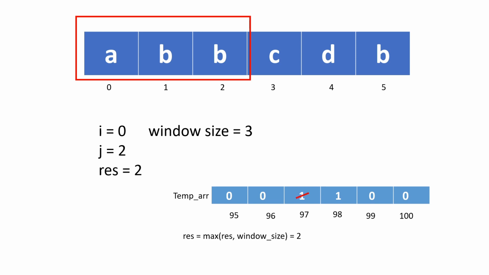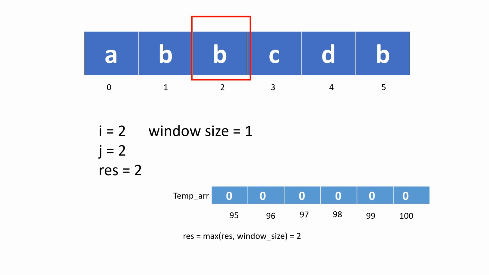So it means that at the index 97, the 1 will be removed, and i will be incremented by 1. Now again I will check if the element at the index j is in the temp array or not. At 98 there is a 1, so there is again a duplicate in the window. So I will increment i to 2.